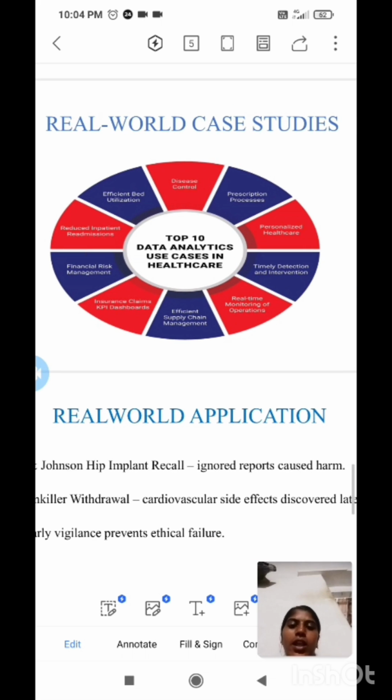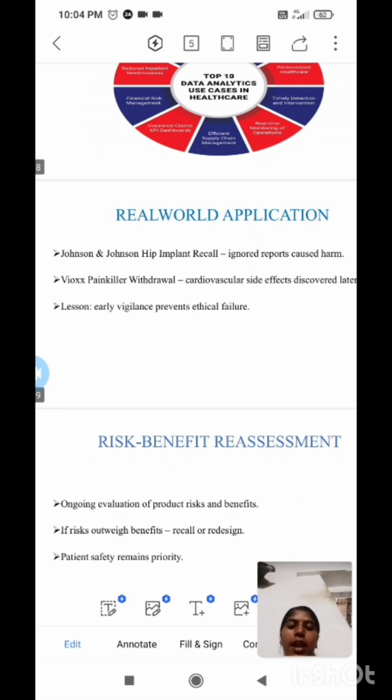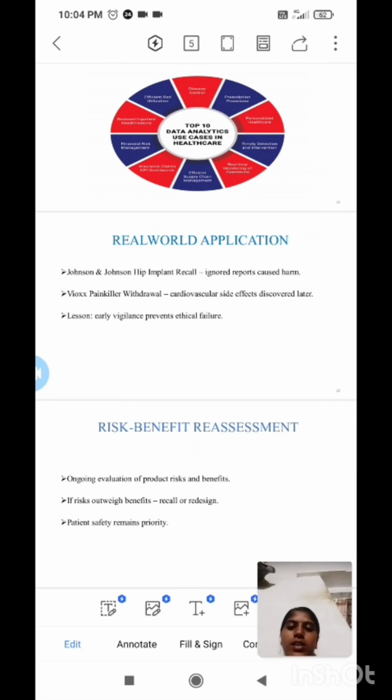These types of real world case studies we can look at and identify.